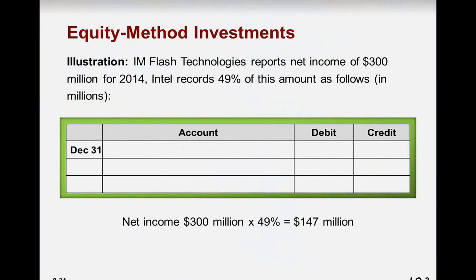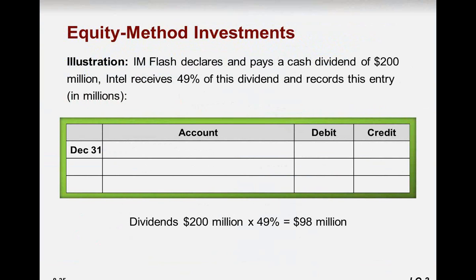Intel gets to record 49% of that as their equity method investment because they own 49% of the company. So it increases their actual investment by $147,000, and they record revenue for $147,000.